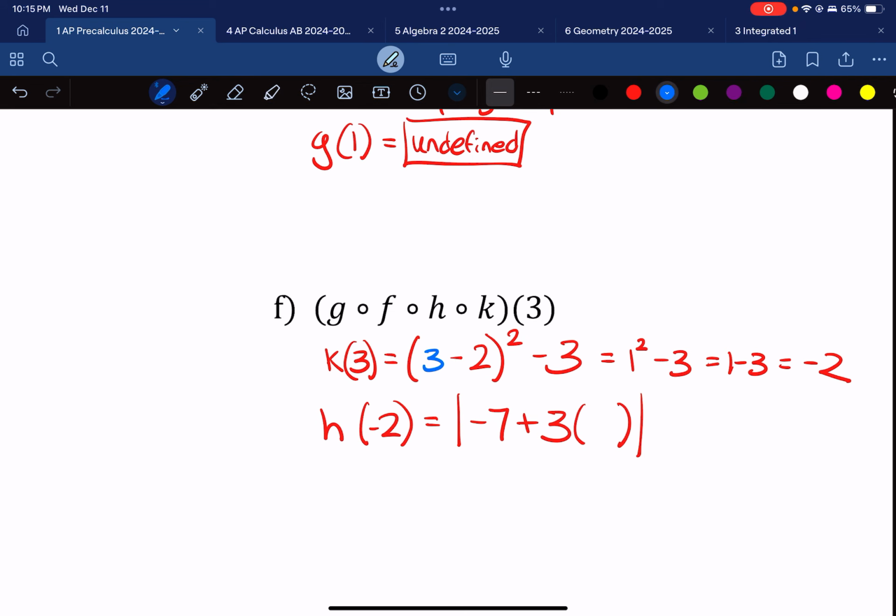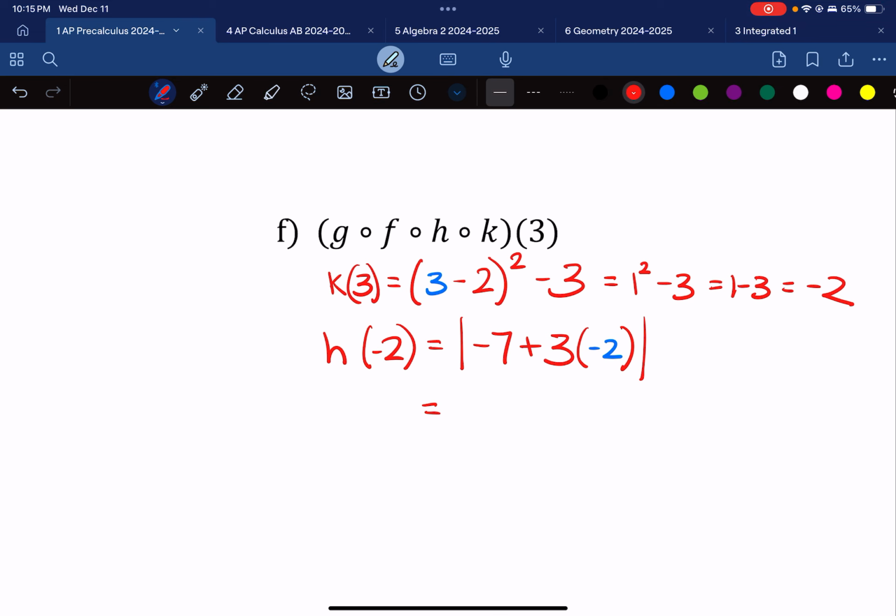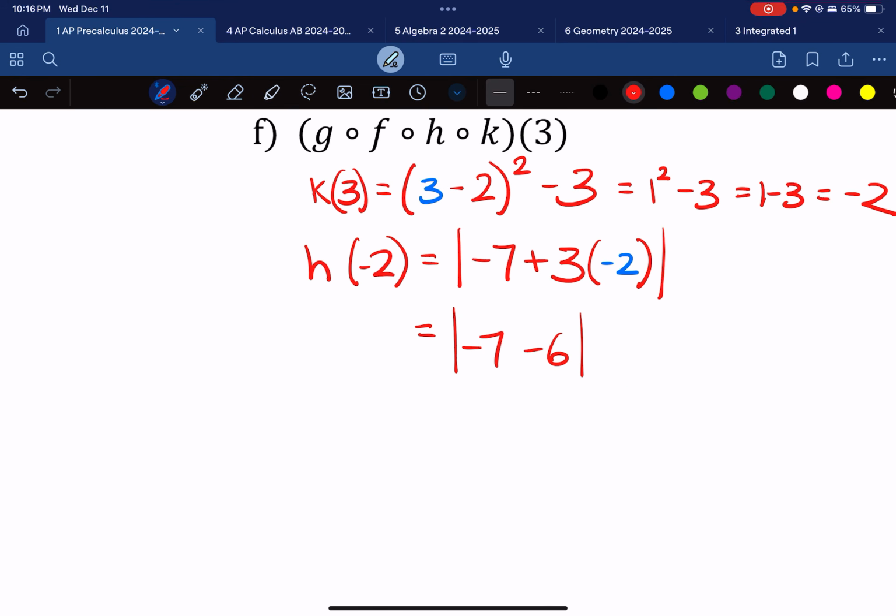My value that I'm plugging in is a -2. I'm going to do it underneath. This is going to be the absolute value of -7 minus 6, and -7 minus 6 is -13 on the inside of the absolute value, which is going to evaluate to a positive 13. And then I'm going to plug that into the next one.